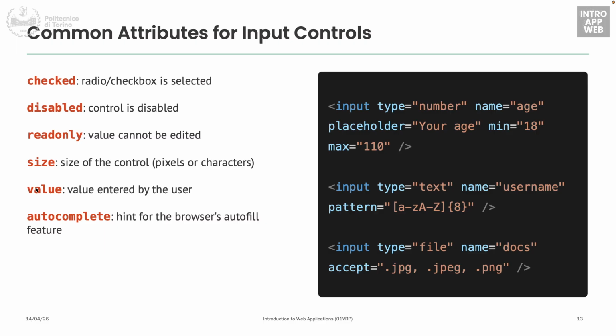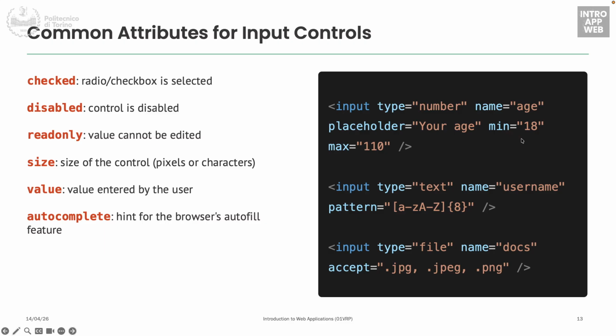As I said before, the placeholder makes sense when we have a textual input inserted by the user, such as the text, such as a number, but it doesn't make any sense if we have a radio button, a checkbox, or any other element in which the user doesn't have to write anything, because in that case the placeholder is not shown. So the placeholder makes sense with this kind of input.